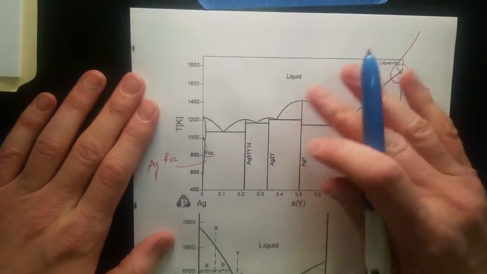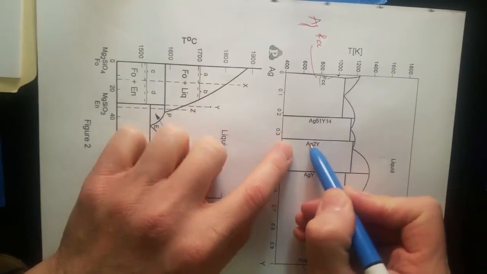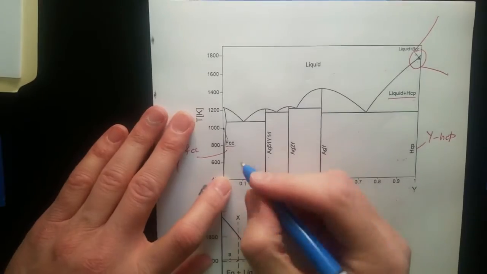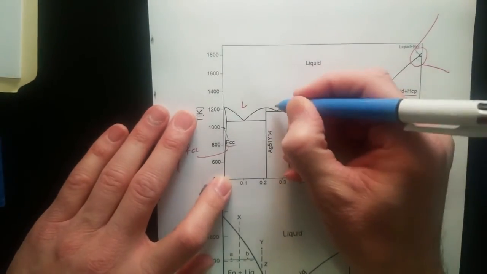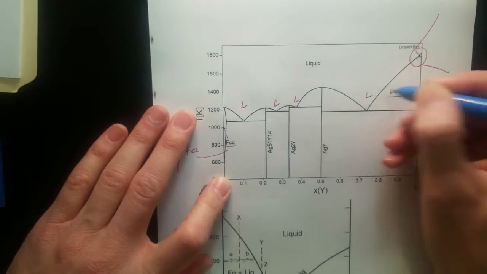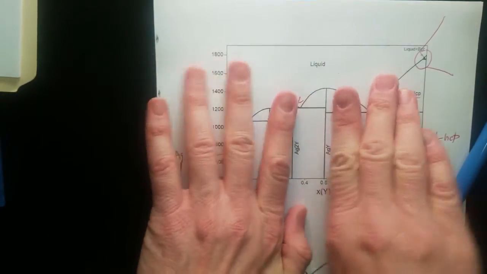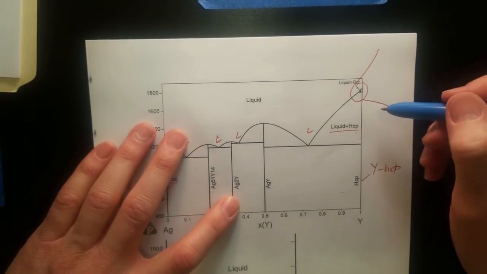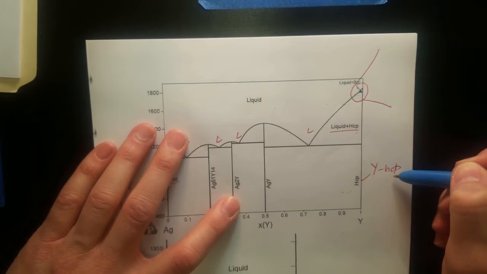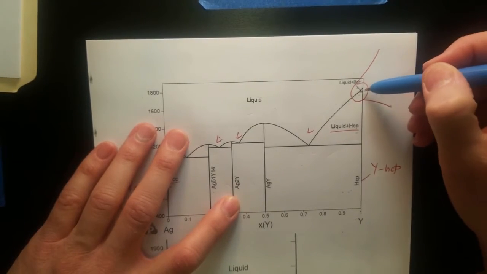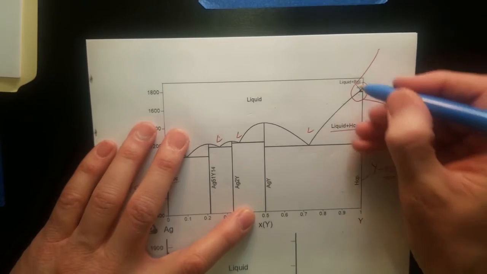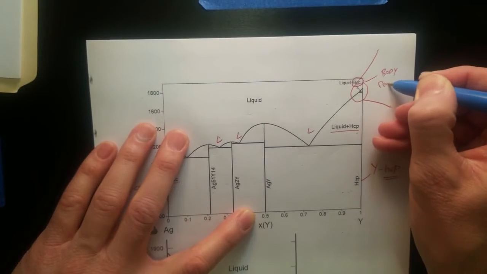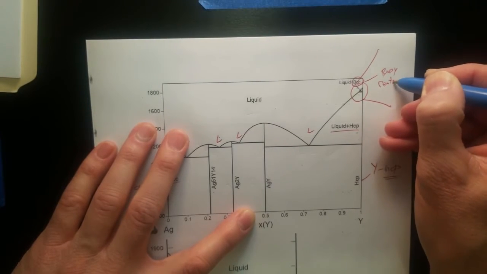Each of these are line compounds, and you can read off the constituency, and if you needed to, you could go through and label these, because you now know that liquid, liquid, liquid, liquid. You can make these. Up here, there's something else that's happening that we really need to have better resolution on. We have yttrium hexagonal closed packed, and somewhere up here, there's a transition from hexagonal closed packed to body-centered cubic.